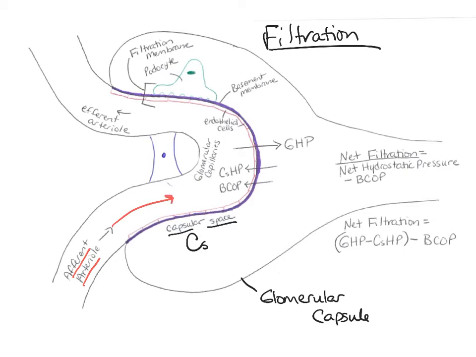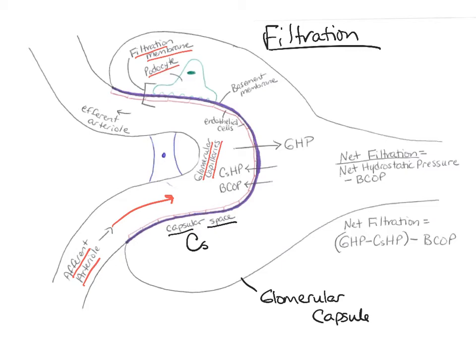I've really simplified the glomerular capillaries. Instead of drawing a whole bunch of them, I just drew one glomerular capillary so we can see what happens. But there's a cluster of these capillaries, and all of these pressures will be occurring all over the glomerular capillaries. Then up here, I've drawn the filtration membrane.